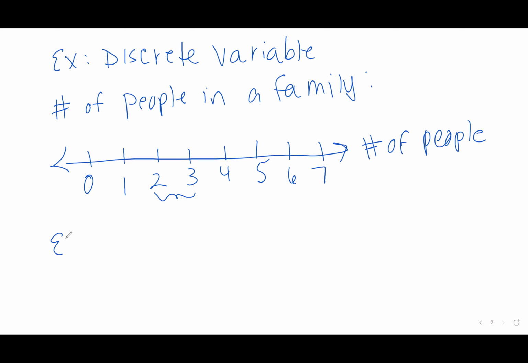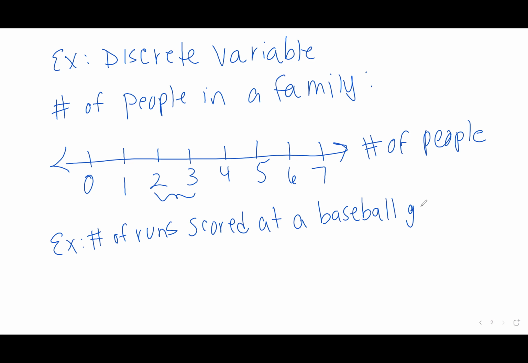And I'll give you some other examples. So another example of a discrete variable would be number of runs scored at a baseball game. So think, if the value of the variable could be countable, most likely it's going to be discrete.